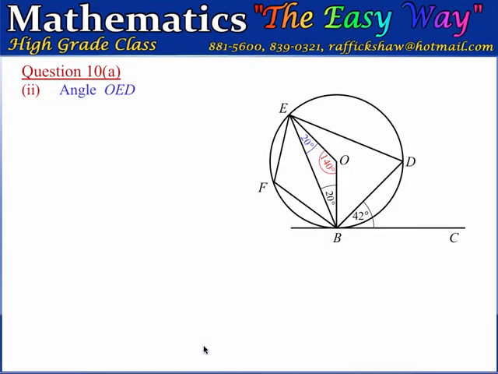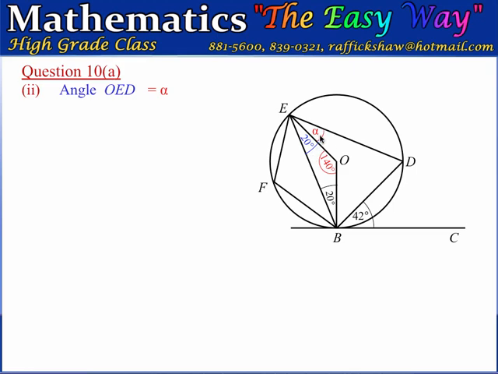Part 2 now wants us to find angle OED. That's this angle right here. Let's call that angle alpha and mark that angle alpha on the diagram. Now, alpha plus 20 degrees is the sum of the angles between these two sides.